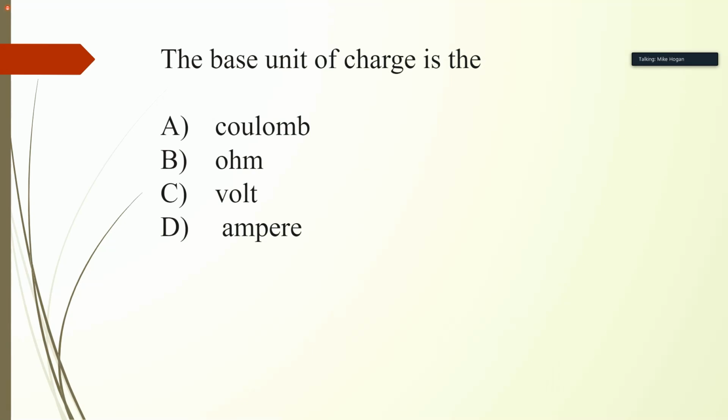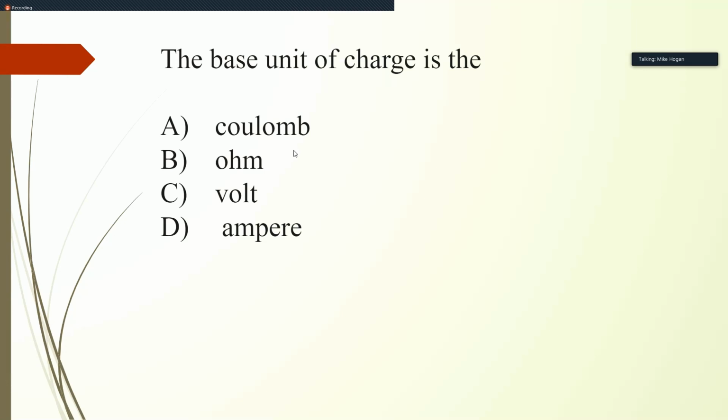The base unit of charge. If we think about volt, we said was that potential difference. We've already said that the ampere or amps, that's the flow, and ohms is really the resistance.